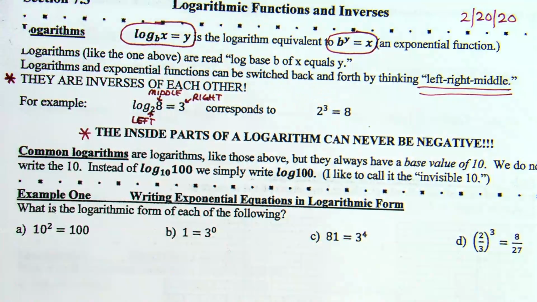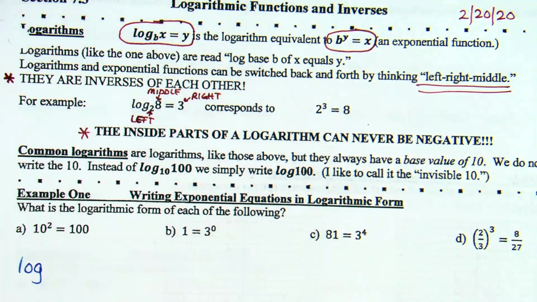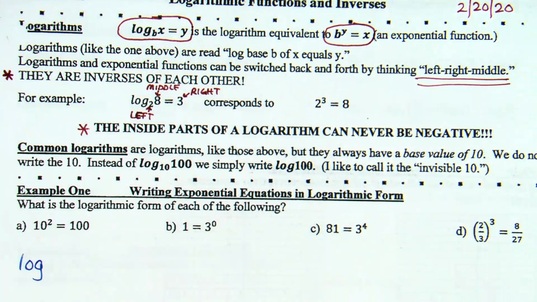So when I write this, 10 squared equals 100, I want to write it log base of something of some number equals some number. My three numbers are the 10, the 2, and the 100. Thoughts on what goes where based on what you're seeing?